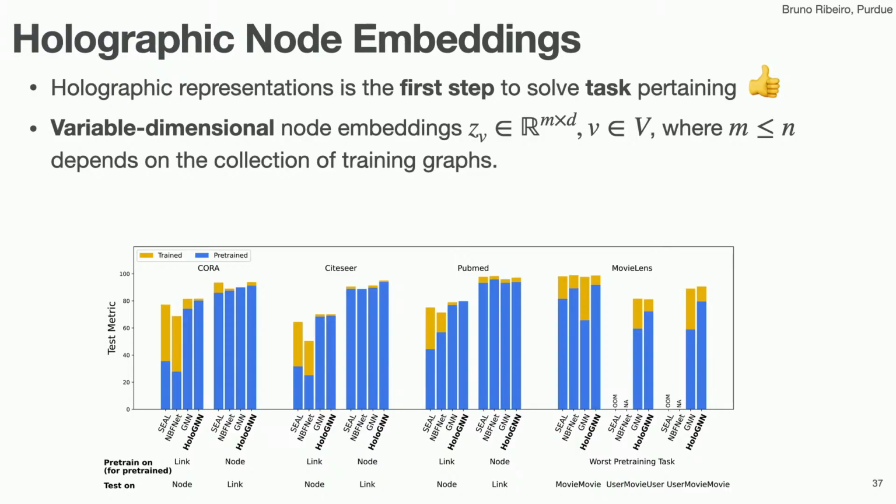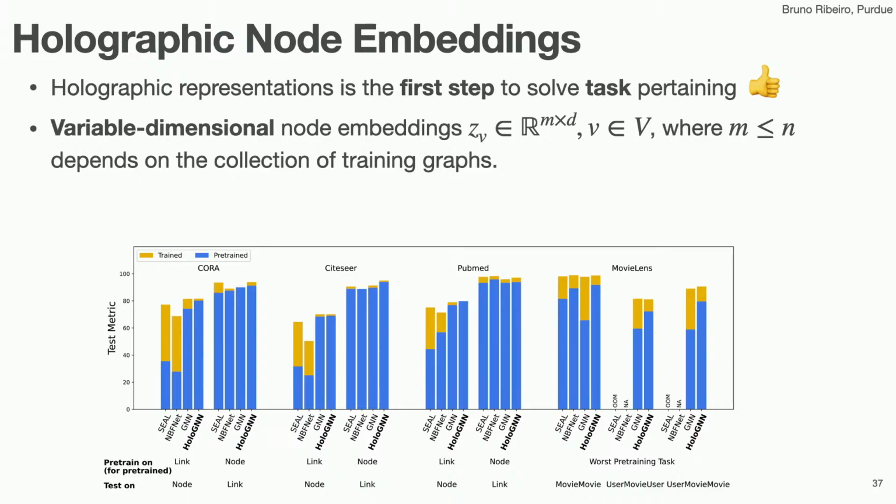And here is a task where, for instance, we train on the worst pre-training task, which is either node, link, or higher order. And then we have a task that is jointly predicting just 2 nodes. Here it predicts 3 nodes, so two users watching the same movie jointly.